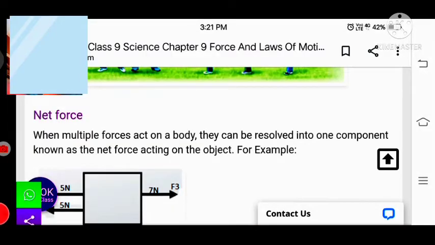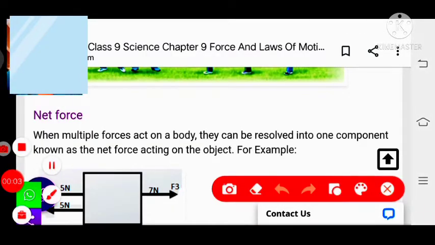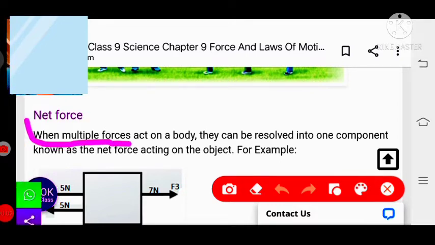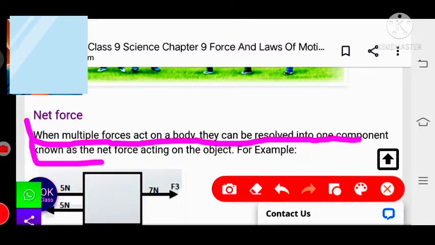Now we come to net force. What is net force? The simple definition of net force is when multiple forces act on a body, they can be resolved into one component known as the net force acting on the object.